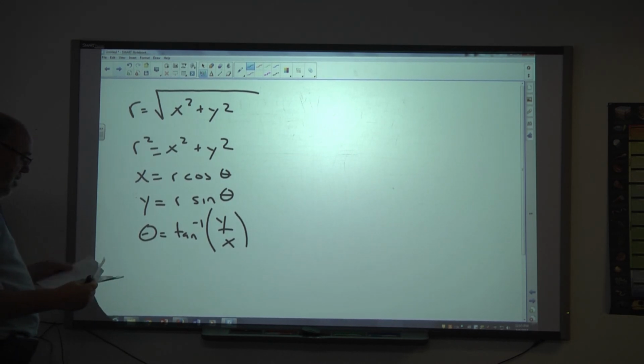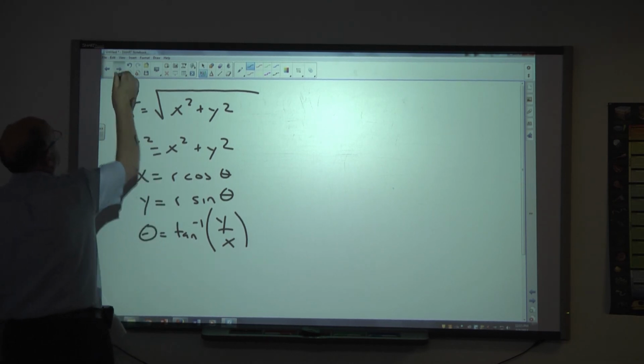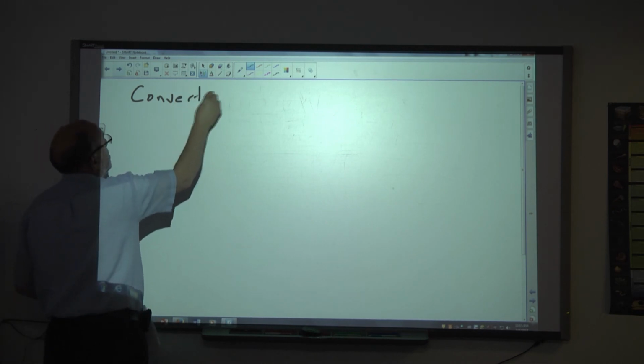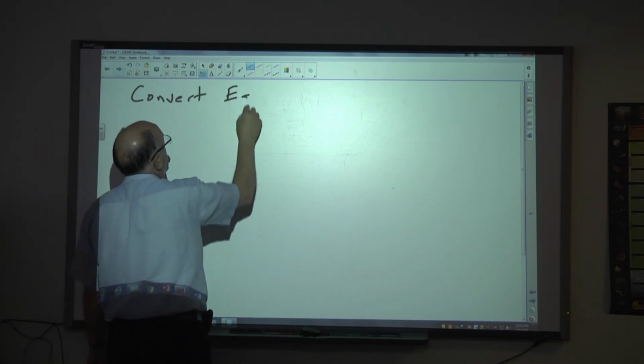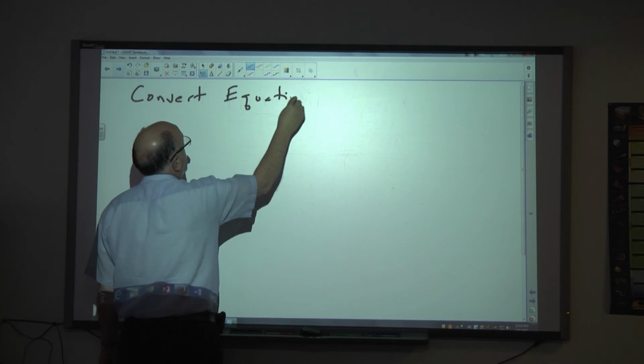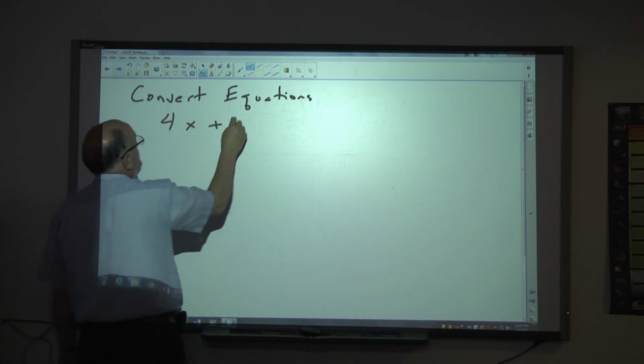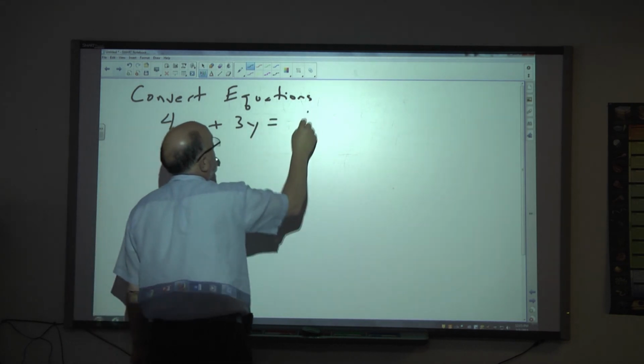And so in terms of converting an equation, we want to convert this equation to polar. So we've got 4x plus 3y equals 12.